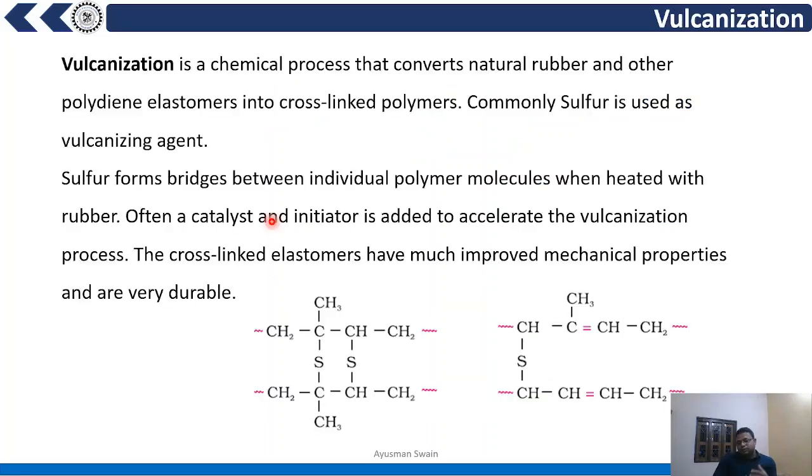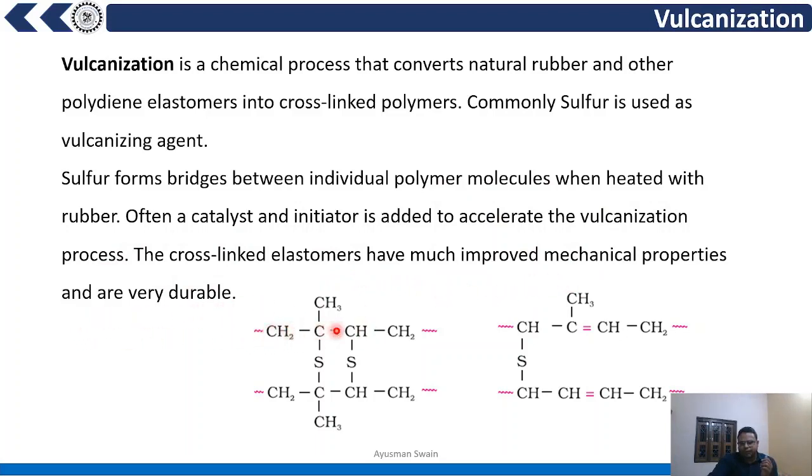But you have to enhance the mechanical properties of polyisoprene, and the best process to do that is vulcanization. You have to introduce some sulfur atoms between the different chains. Sulfur forms a bridge between individual polymer molecules when heated with rubber. Often a catalyst and initiator is added to accelerate the vulcanization process. The cross-linked elastomers have much improved mechanical properties and are very durable.